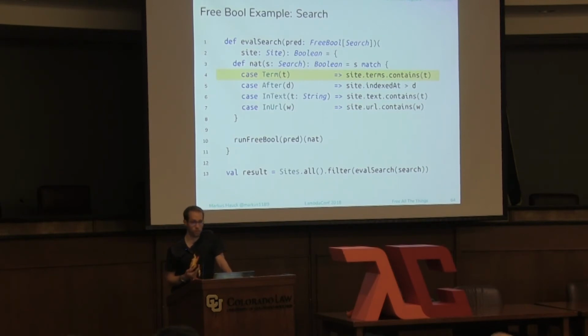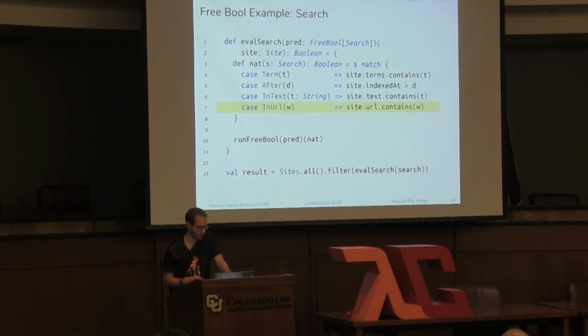If we check for terms, we look into the terms of the site and check whether it contains the T. For the after, we check whether the indexed at date is after the date that is in the language. The same for the text and the URL. And then we just call our normal free Boolean algebra interpreter with our predicate and our net. So the net is the natural transformation that performs just the interpretation of our language, the search language.